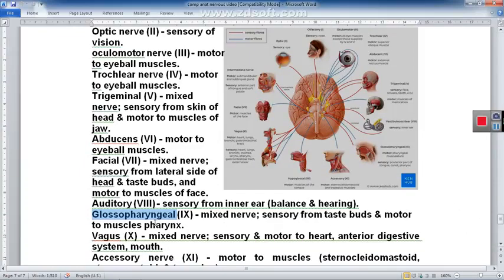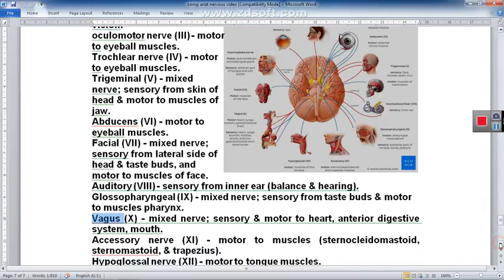The 10th cranial nerve is called the vagus nerve because it has a very long course. It is a mixed motor and sensory nerve to the viscera, including viscera of the thorax and abdomen.